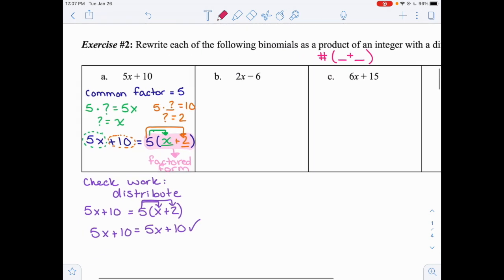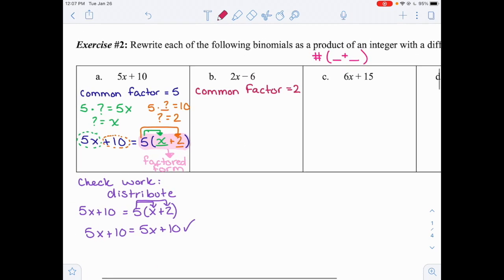So the common factor between 2 and 6 is 2. I can't divide those by anything else evenly, so they both divide by 2 evenly, so that's my common factor. So I'm going to end up with 2 times some binomial, right? And then we want to figure out what are the blanks of the binomial. So we say the common factor times something should get me 2x, right?